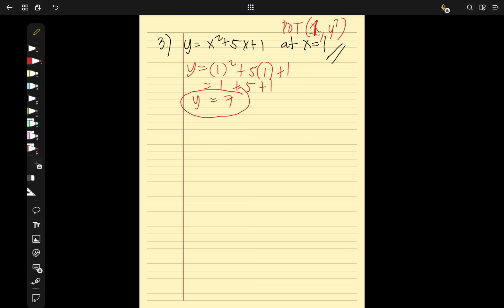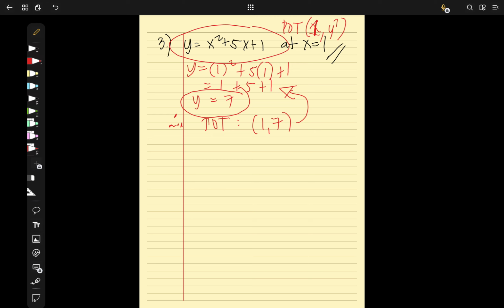So, y pala ay 7. So, the point of tangency, therefore, is 1, 7. At sure na tayo, because kung tama itong ginawa natin, 1, 7 is at y equals x squared plus 5x plus 1.